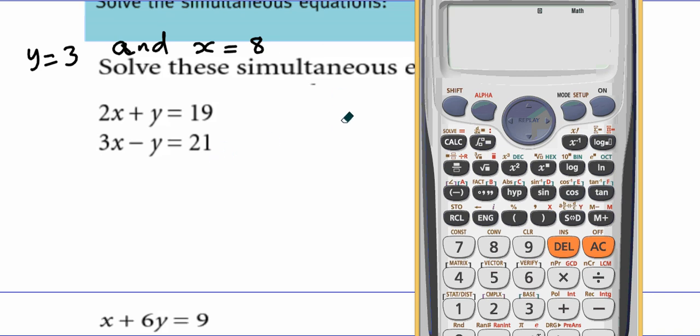Now, remember what I said? Before using a calculator, you have to make sure that letters are matching. So x matching exactly, y matching exactly, the numbers are matching exactly. So we can use a calculator to do that.